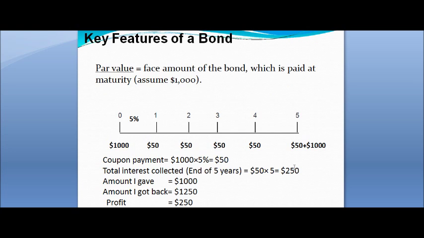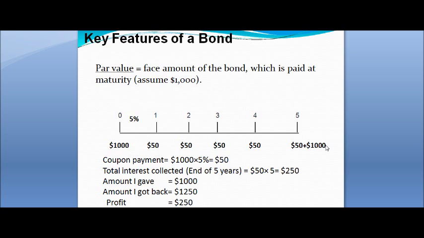Now let's walk through an example for a better understanding of the bond. Let's assume you buy a bond at a price of $1,000. In the bond indenture, it says the coupon rate is 5%, which makes a coupon payment of $50. Now, if the maturity of the bond is 5 years, then you'll be receiving $50 every single year for the next 5 years.